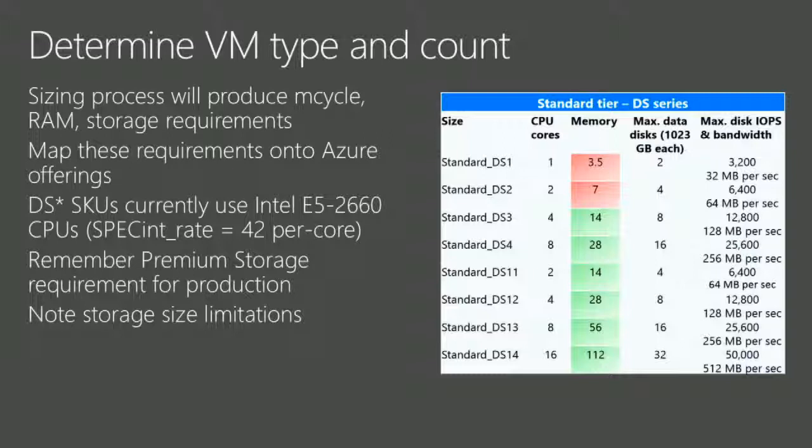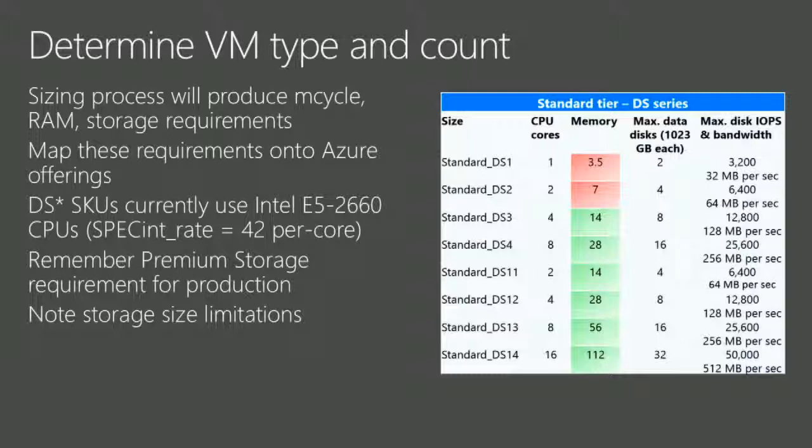There's a little bit of guesswork that comes into play here, and you may want to artificially increase your CPU requirements in order to make sure that you have a little extra headroom when you're going through the sizing process here. That would be kind of a best practice for me when you think about this. But looking at the CPUs that are out there currently, the spec-int rate value that we would use is 42 per core for the CPUs that are deployed today for these SKUs.